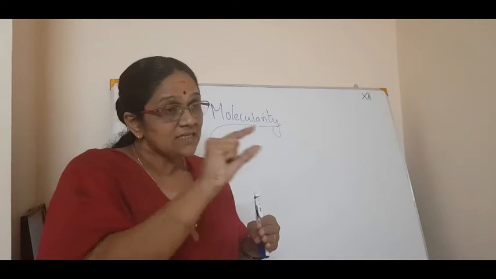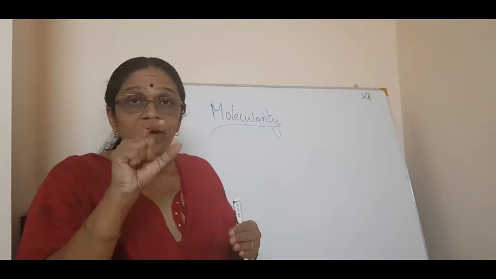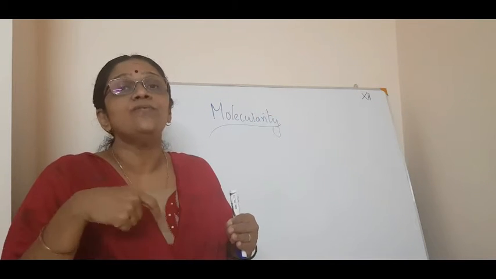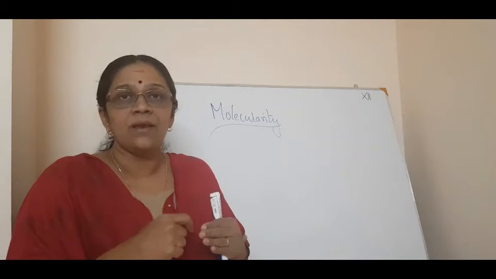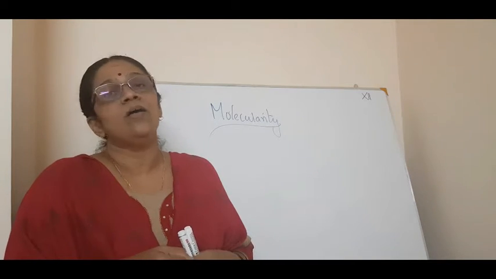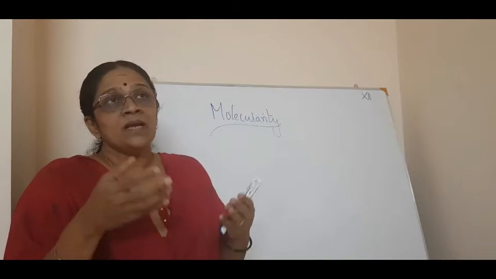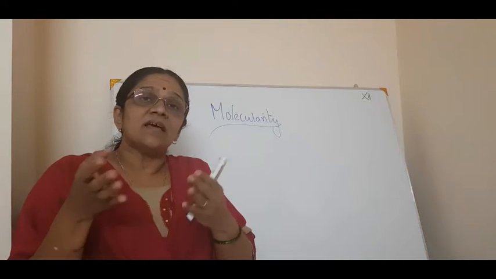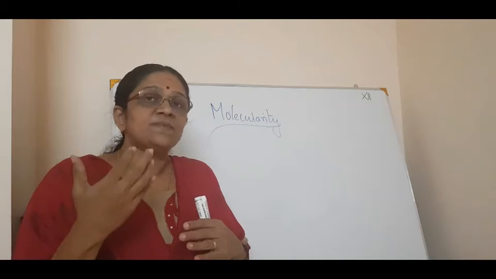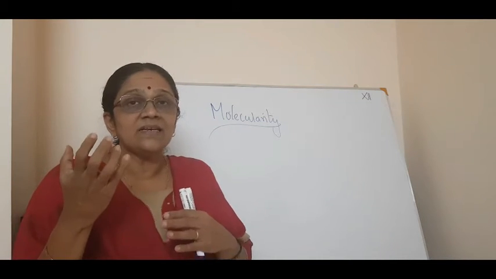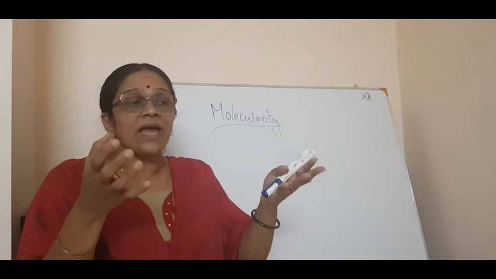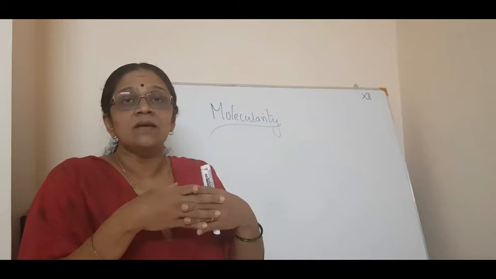So in a single step reaction, how many molecules are taking part in order to form a chemical reaction by the exact collision between the molecules? The reactants are not simply converting into products; there are many steps in which a reactant gets converted into a product.